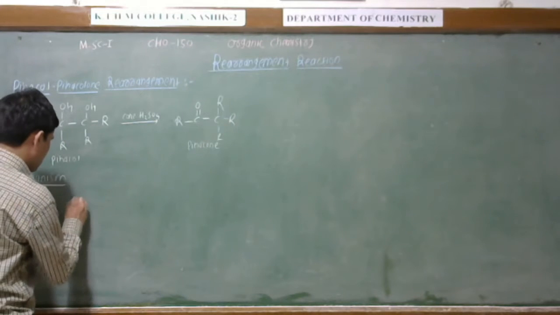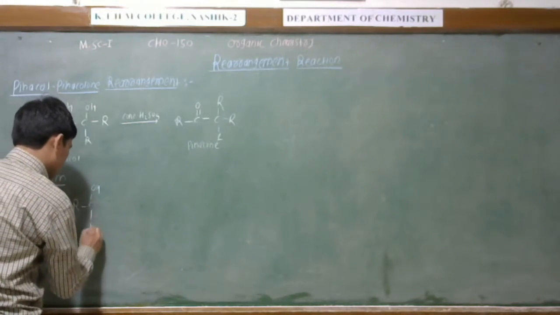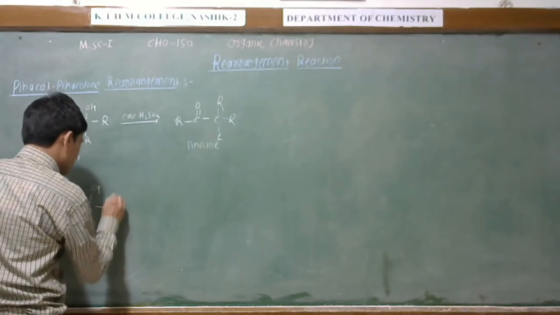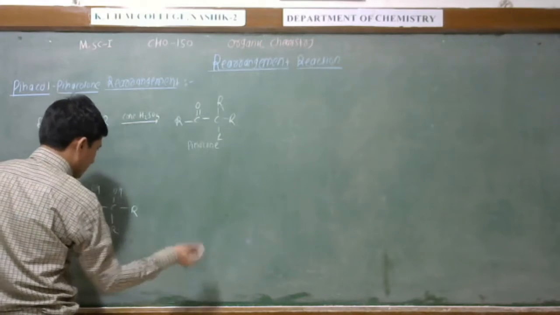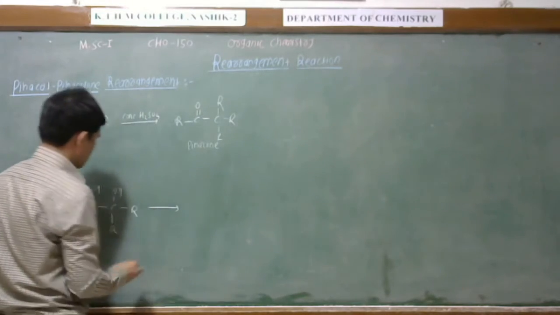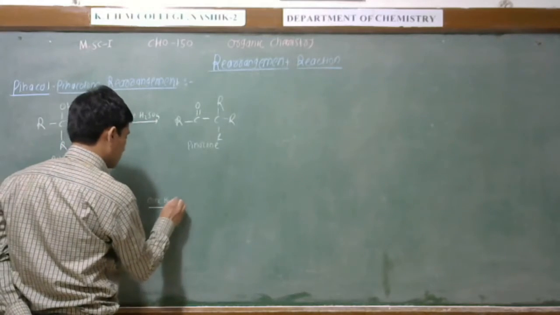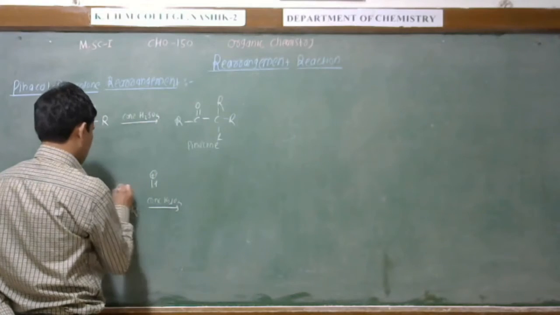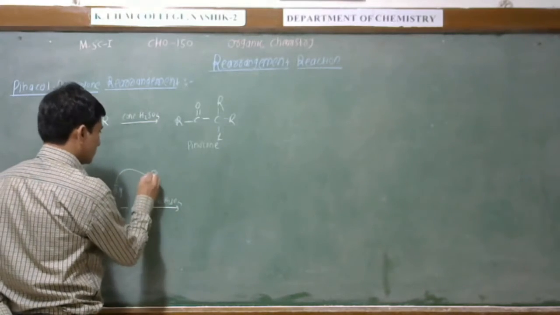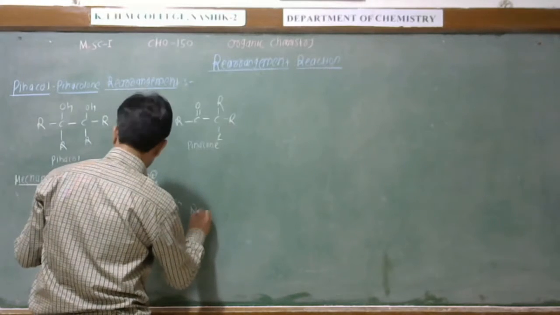See, this is R, this is OH here, this is another R, this is another OH, R group, this is R group. When this compound reacts with concentrated sulfuric acid, which gives an H plus ion, the lone pair of oxygen will attach to this H plus ion, the proton, and there will be protonation.